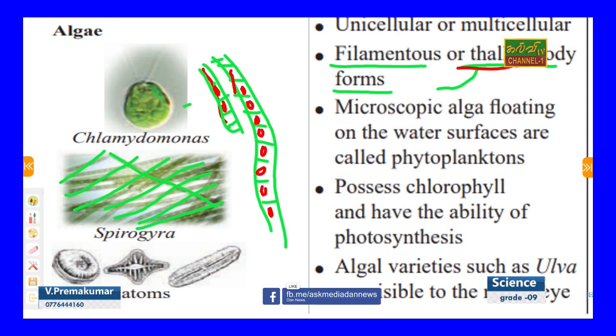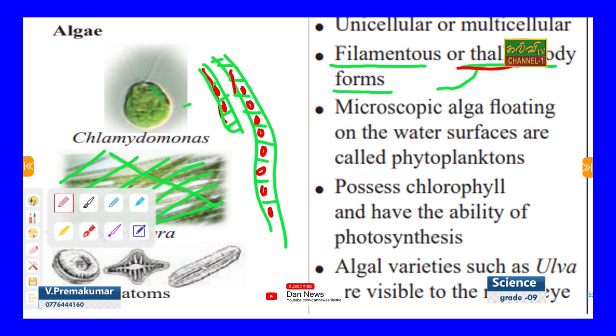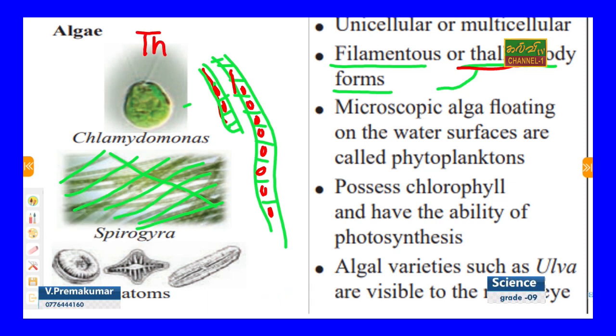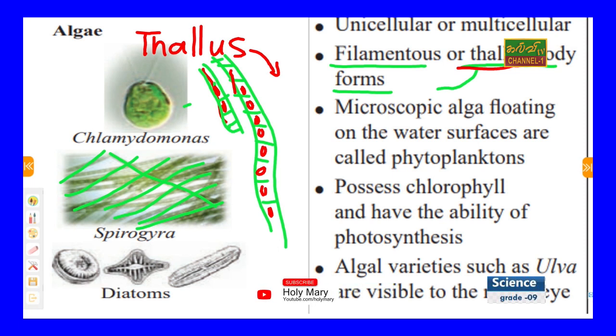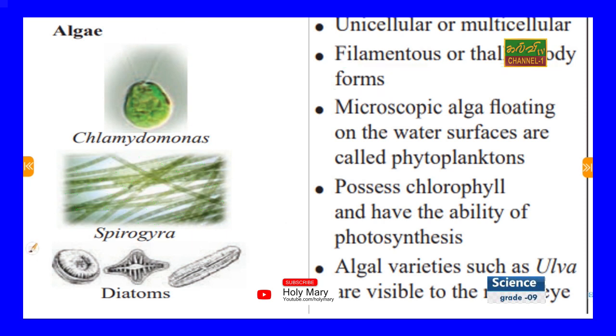Like that, here the Spirogyra has filament. But they have a specialized term, thallus. Thallus means it is difficult to identify the parts of the plant such as leaf, they don't differentiate. Therefore that is called thallus, right?